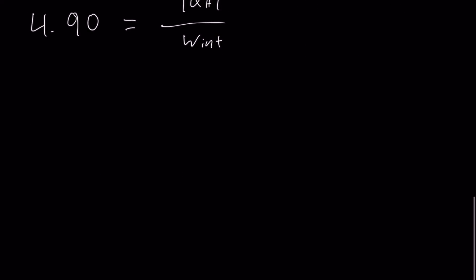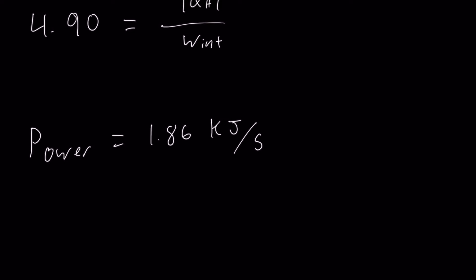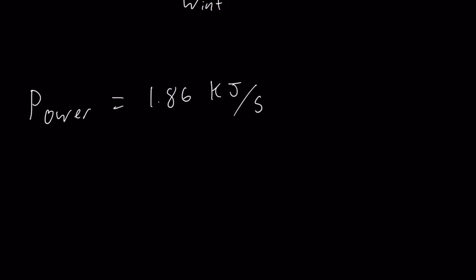Now, we know how much power is needed to operate this engine, right? We know that the power of this heat pump is equal to 1.86 kilowatts. Now, what's a kilowatt? A kilowatt is just a kilojoule per second, okay? That's what it means to be a watt. It's a joule per second, and since we've got 1,000 of them, it's 1,000 joules per second. So that's how much power is needed to operate this.